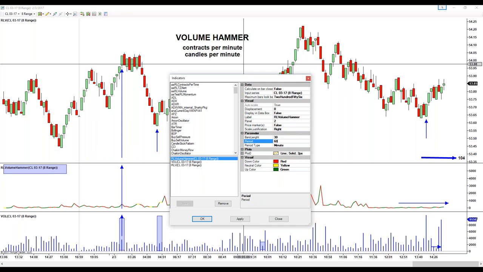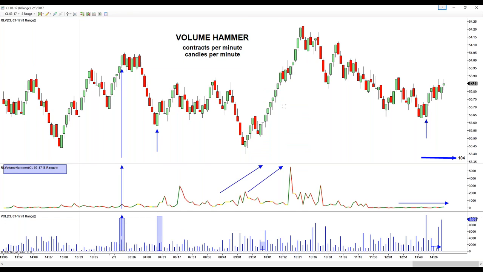You're going to get a line once an hour, depending upon the time frame you're trading. If you want one to occur every 4 hours, every 240 minutes. As I said, because we trade in 8 range, I like to see it occur every 1 minute. And it gives me a very, very accurate assessment of volume.